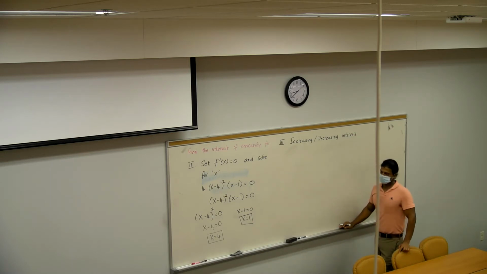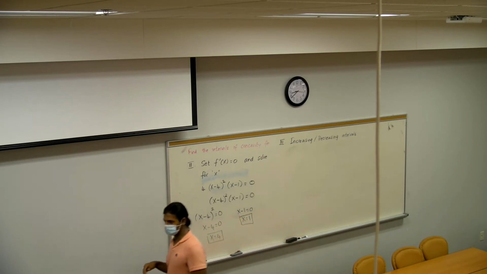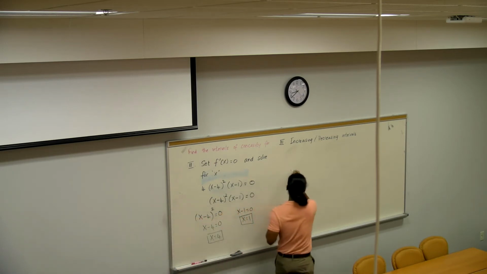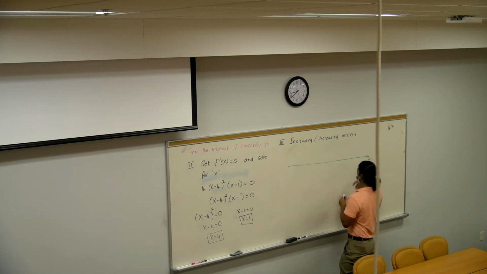Increasing and decreasing intervals, so we know the critical values. X is equal to 4 is one, x is equal to 1 is the other. So I could simply choose 4 and 1 on the x-axis.